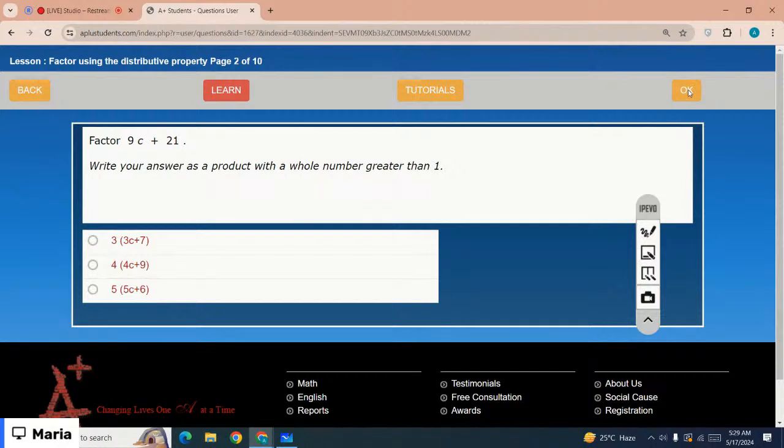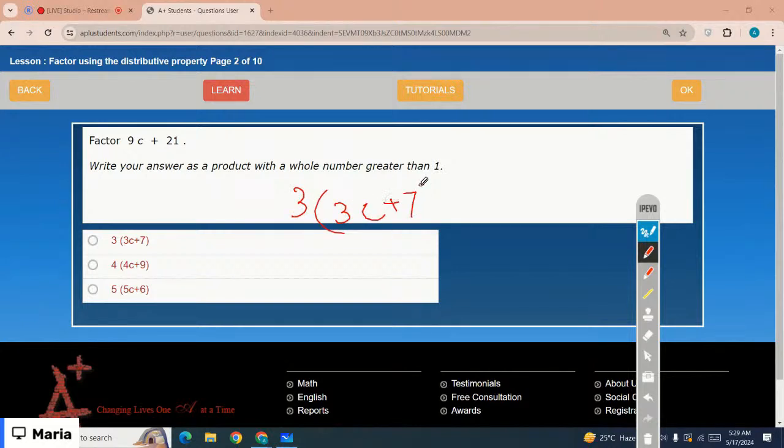You can take common 3, right? 3 is the common number, and then you have 3 times 3 is 9 and 3 times 7 is 21.